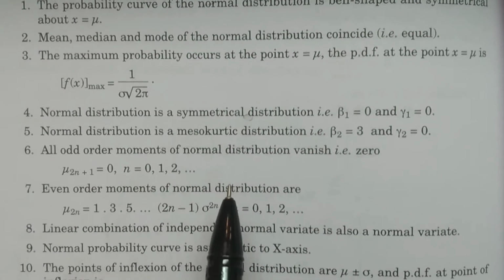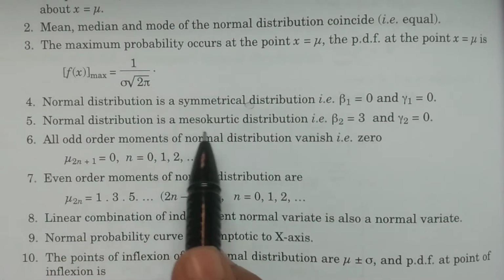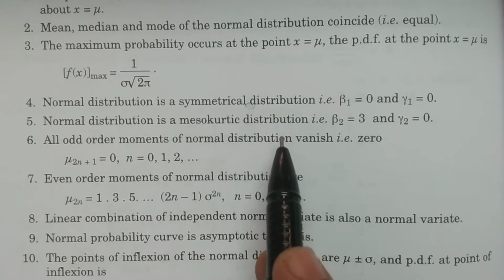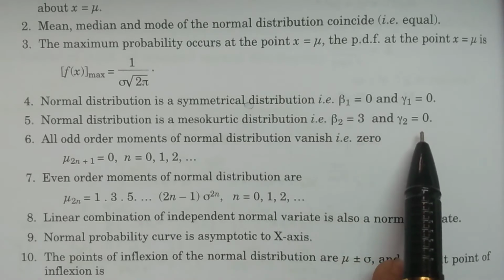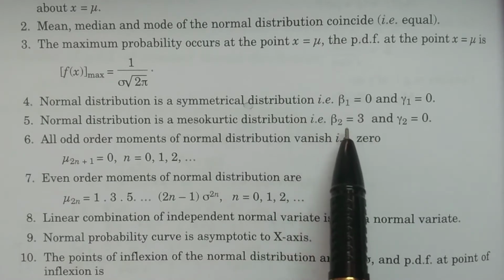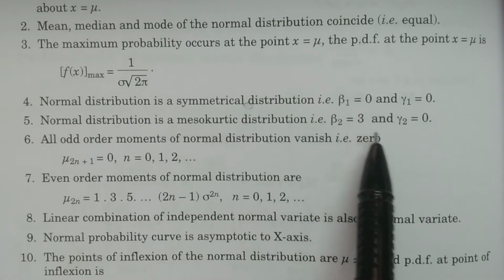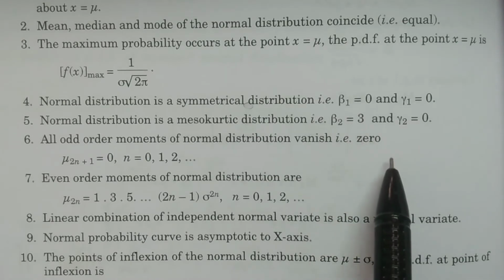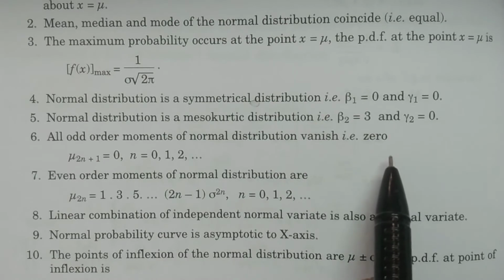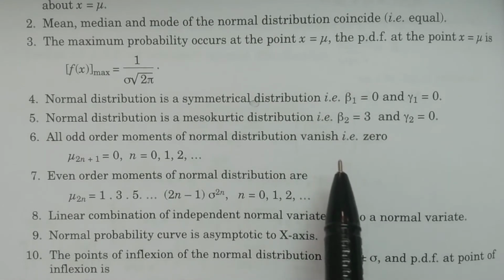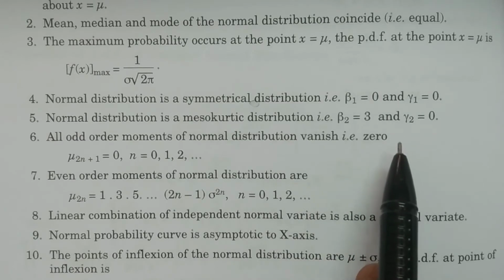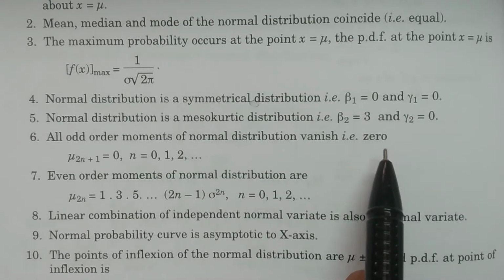Next, the fifth one: normal distribution is a mesokurtic distribution. Why? Because beta 2 is equal to 3 and gamma 2 is equal to 0. If beta 2 is equal to 3 and gamma 2 is equal to 0, then from the definition of kurtosis, the type of kurtosis is mesokurtic.